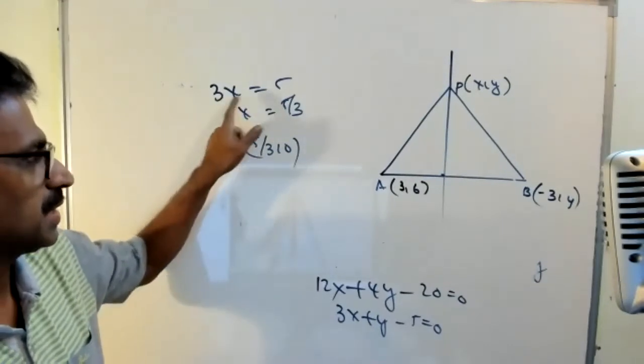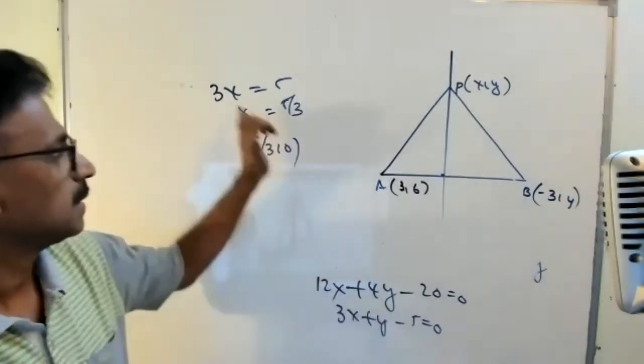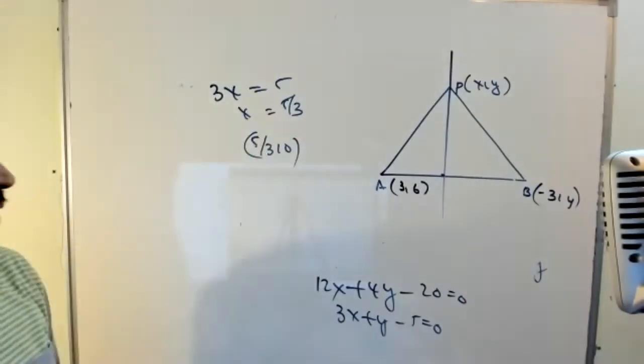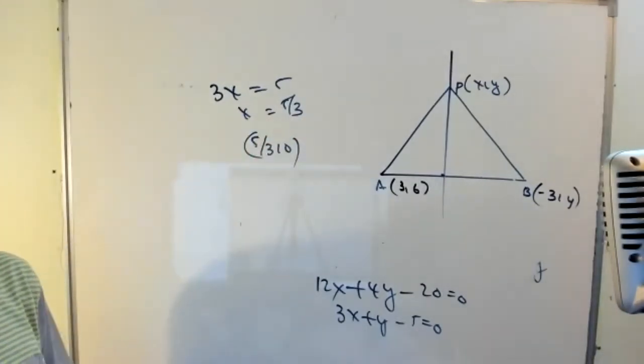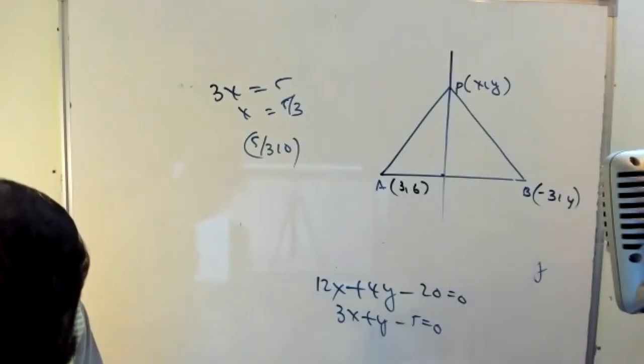Then 3x equal to 5 because y equal to 0. 3x equal to 5, x equal to 5 by 3. The coordinate is what? 5 by 3 comma 0.